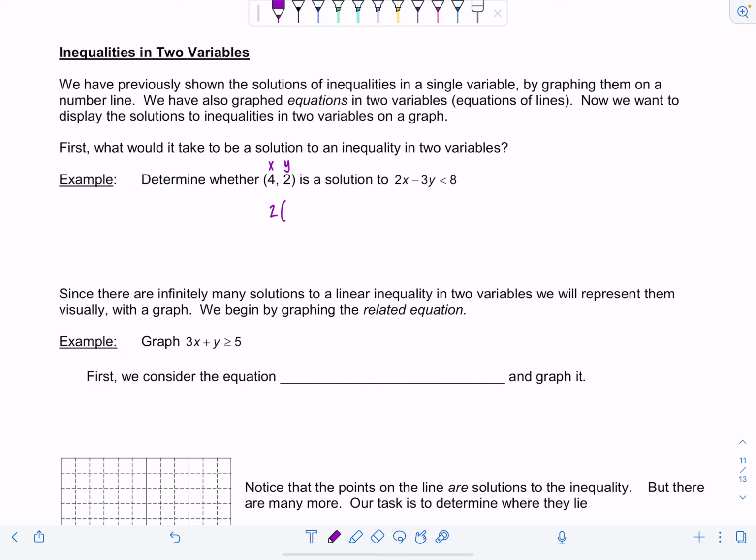Is 2 times 4, I'm replacing x with 4, minus 3 times 2, replacing y with 2, is that less than 8? Put a little question mark over the inequality because you're just not sure yet, right? We're still checking. So on the left-hand side, now we have 8 minus 6, that's 2. And yes, 2 is less than 8, that's true. Okay, so that means yes, (4, 2) is a solution.